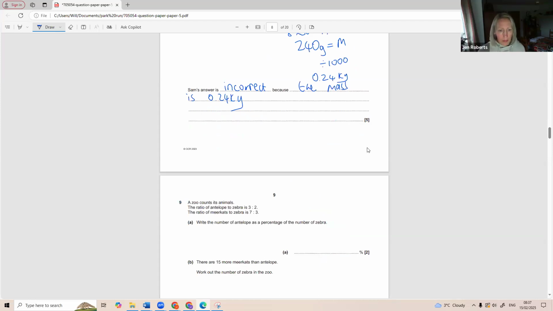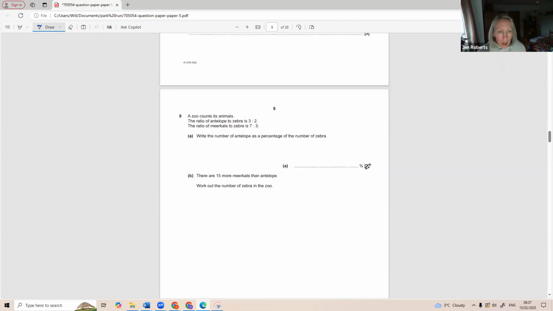Oh, 5 marks for that one. Write down the number of antelope as a percentage of the number of zebra. Well, the first ratio we're given, antelope to zebra. Let's write it as a fraction first. So write the number of antelope as a fraction of the number of zebra.